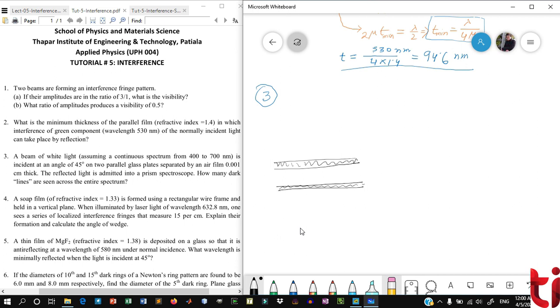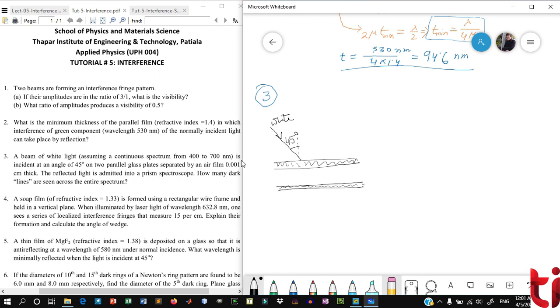And they are parallel. Don't mind my not so accurate drawing. And then there is an incident beam falling at an angle of 45 degrees. This is a white light, and the wavelength of this white light ranges from 400 to 700 nanometers.